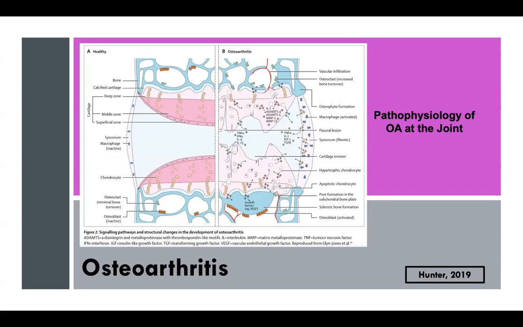So not only the different zones of that articular cartilage you can see are degraded on the right side versus the healthy joint structure and tissues on the left side of the figure, but then also how these different factors contribute to some of the degradation of the bone surfaces, and increase in these osteoclasts, which are tearing down cells, versus osteoblasts, which are building. So I kind of like this picture.